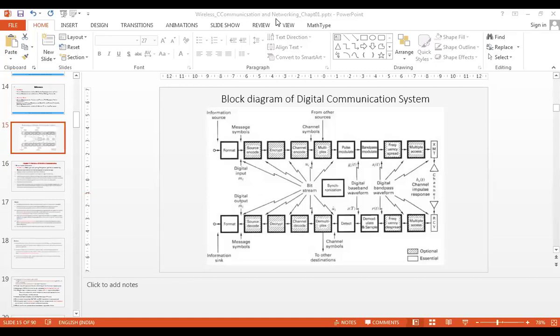Any guess? When we transmit a signal from the transmitter and receive it at the receiver, there are two antennas, a transmitter antenna and a receiver antenna. The signal propagates in terms of electromagnetic waves.